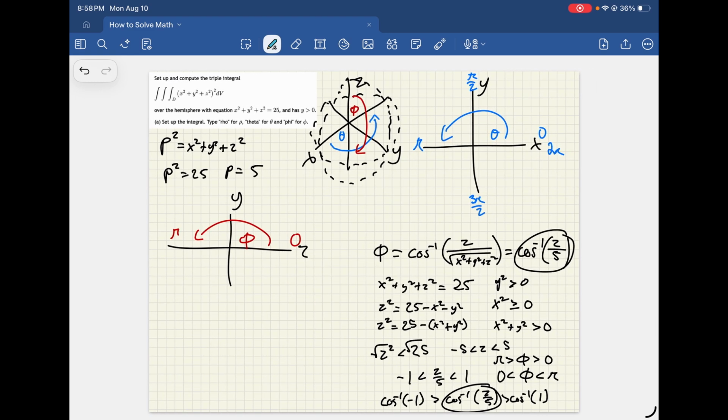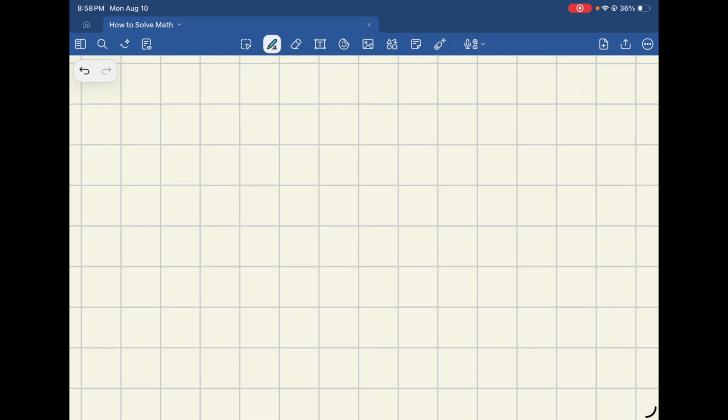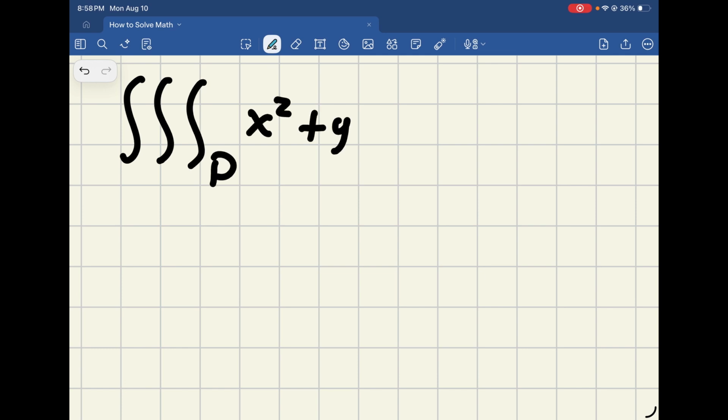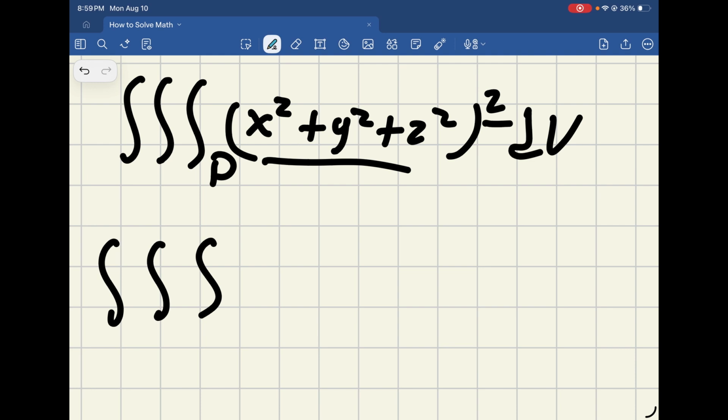So what this gives us is that the triple integral over the region D of x squared plus y squared plus z squared squared dV will be the same as, and this right here, this is rho squared squared again.